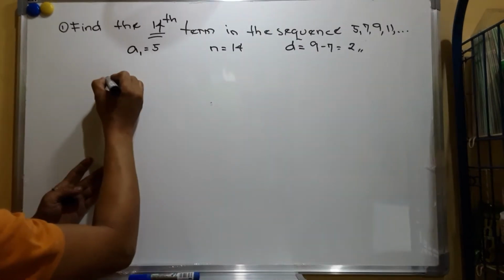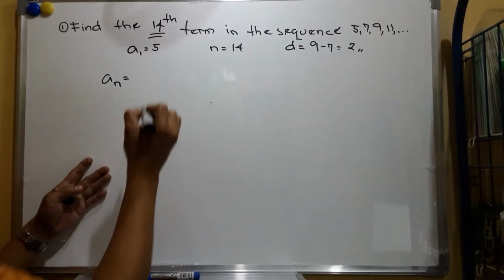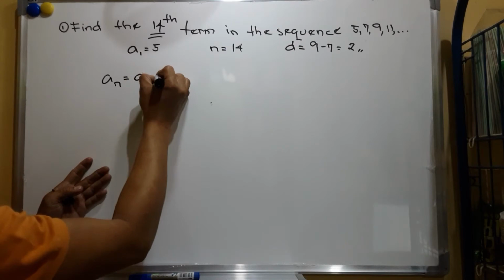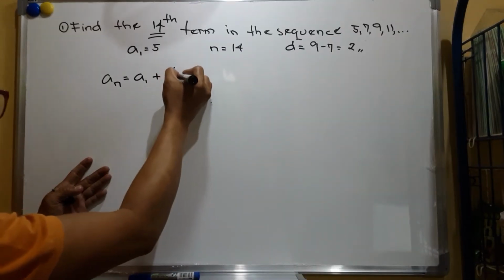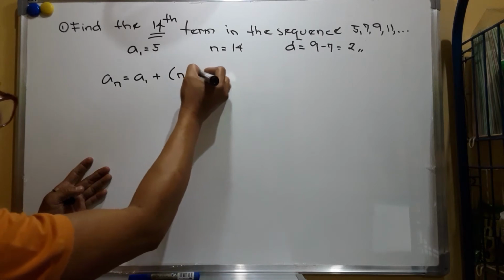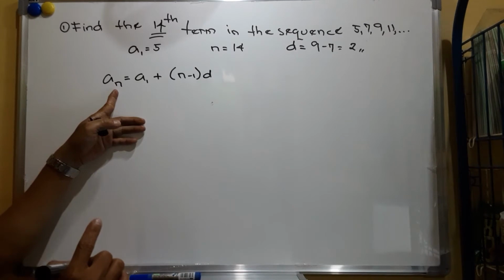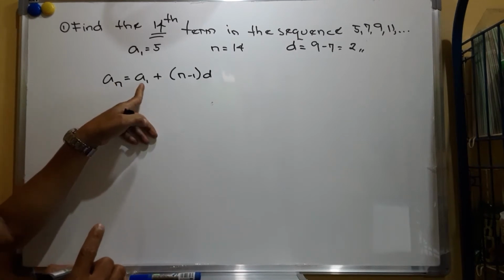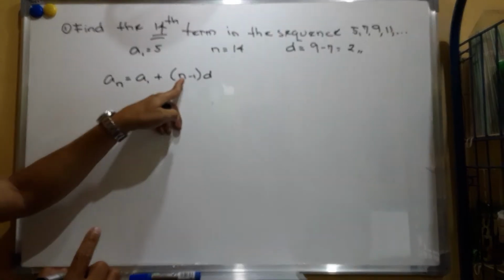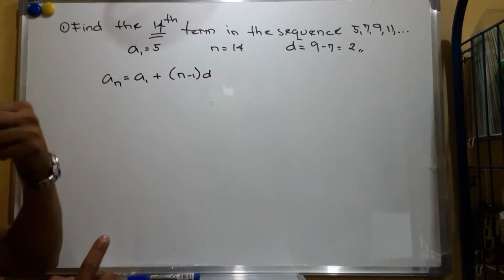The formula is a sub n equals a sub 1 plus the quantity n minus 1 times d. A sub n is your last term, a sub 1 is your first term, n is your number of terms, and d is your common difference.